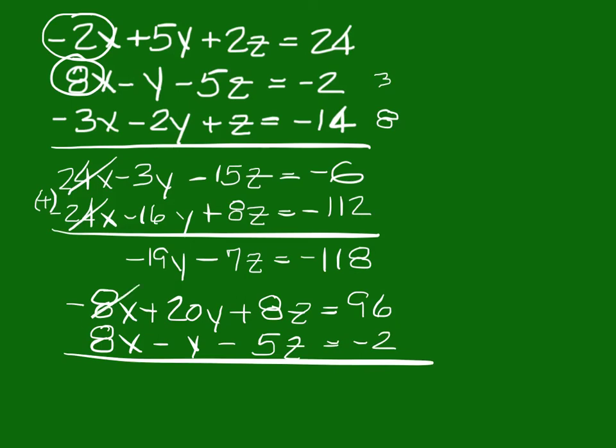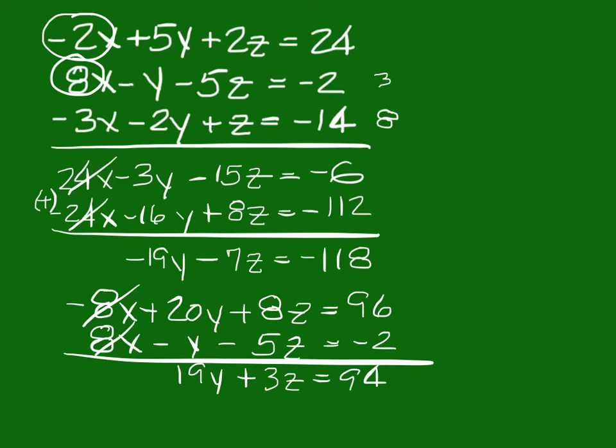So if you add those together, the 8's cancel out, and you'll end up with 19y plus 3z equals 94. So you should hold that one as well. 19y plus 3z equals 94.